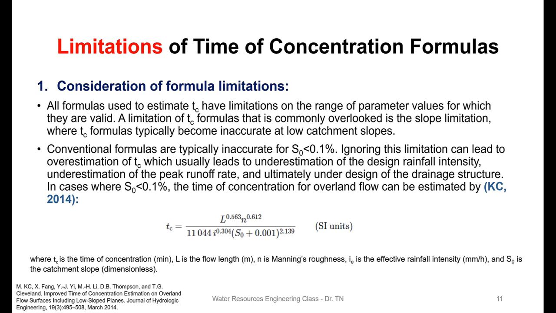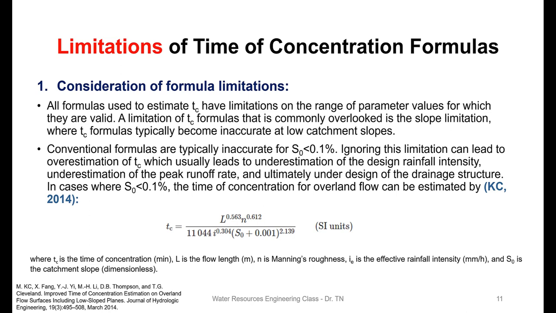If you are using that equation for a watershed that has area, slope, and so on, out of the range of the original data used for developing those equations, you are going to have numbers that are not valid. Why? Because you have violated the original assumptions of the model. So the first thing that I want to tell you is always consider the limitations of the formulas.